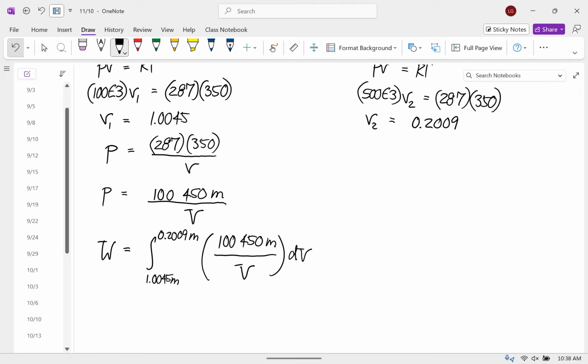And so this is equal to 100,450 m times the natural log of 0.2009 m over 1.0045 m. Those m's cancel.